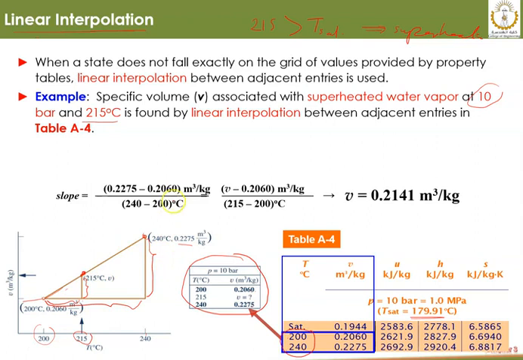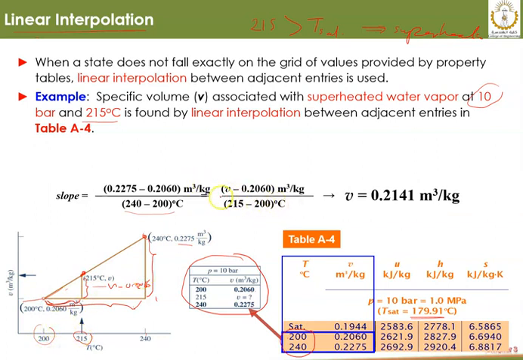Therefore, 0.2275 minus 0.206, this length here, divided by this length, the ratio of the big triangle, equals the corresponding ratio, which is V minus 0.206, divided by 215 minus 200.